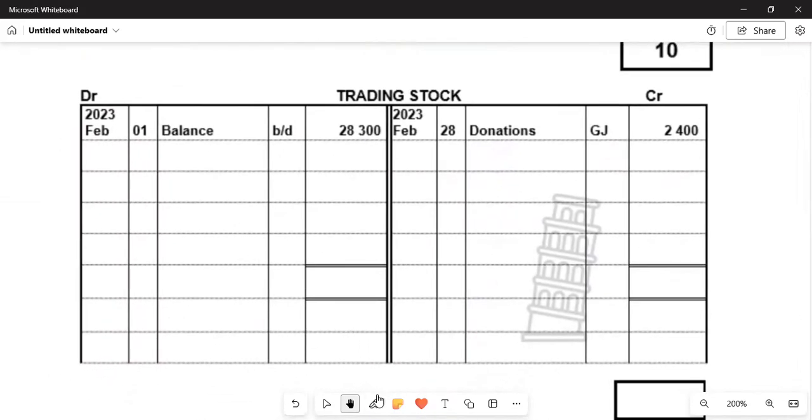Here we are on our debit, on our trading stock, in fact. We are already given the balance brought down of 28,300. But if you remember on the 28th, we paid by cash when we bought stock of 27,900.